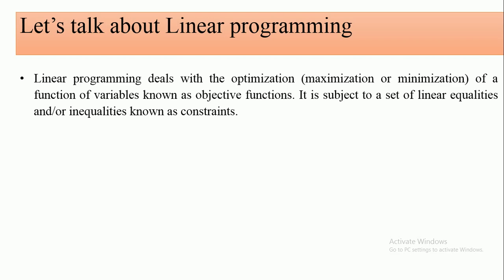So meaning that in every linear programming problem you must have an objective, and your objective is either you are maximizing profit or benefit, or you are minimizing cost, time, or resources. And this objective will be subjected to some constraints which are meant to be linear equalities or inequalities, but most often it is inequalities.